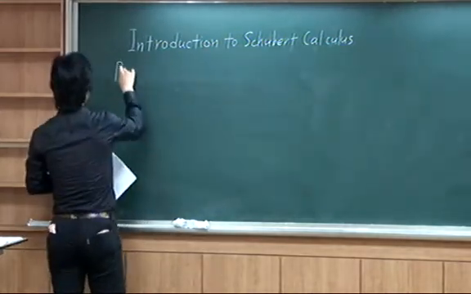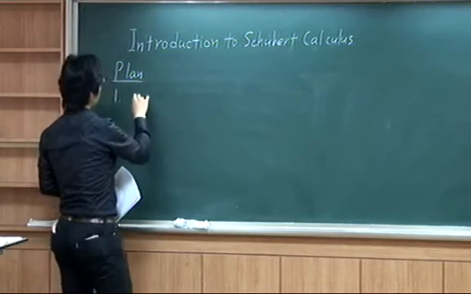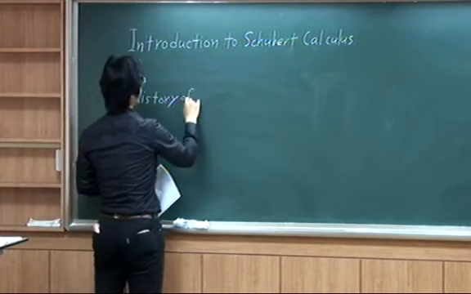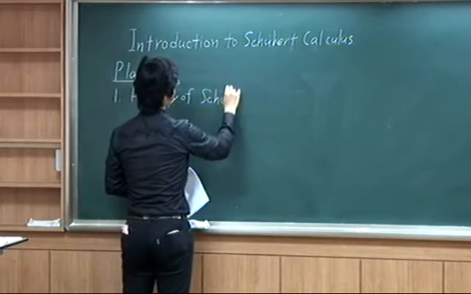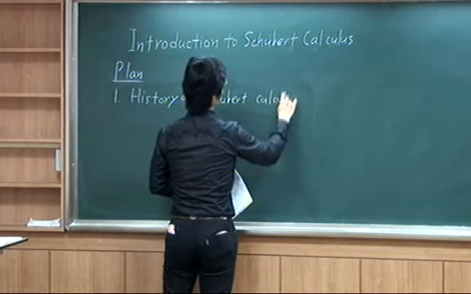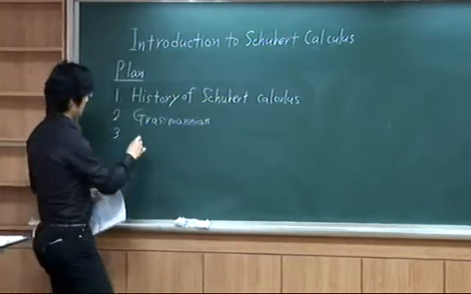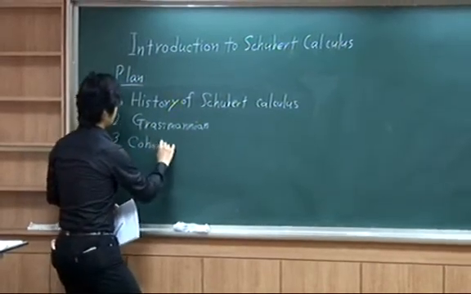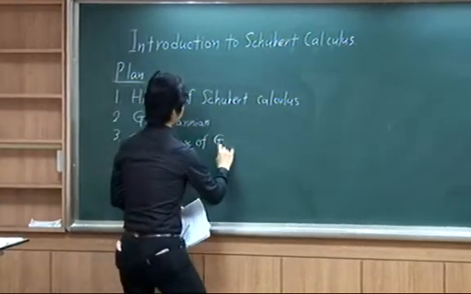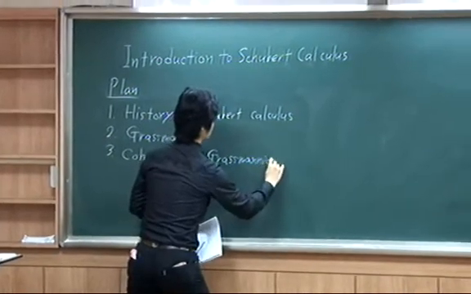The plan of my talk is, first, I briefly review the history of Schubert calculus. Section 3, we describe cohomology of Grassmannian, Part 1.